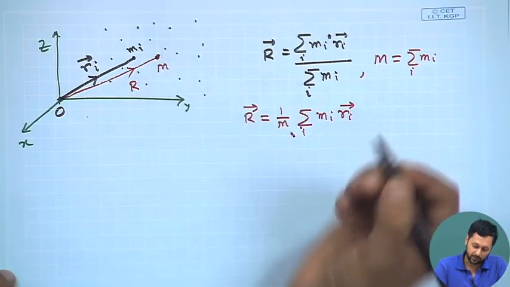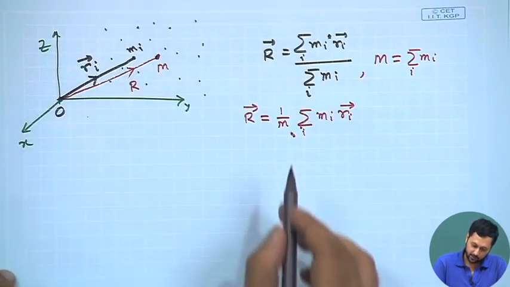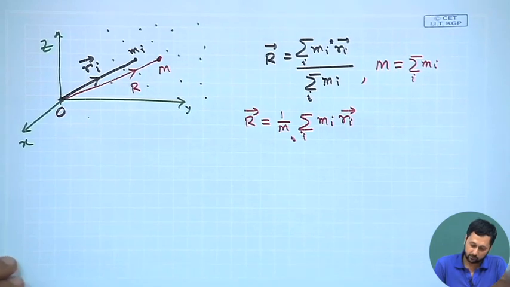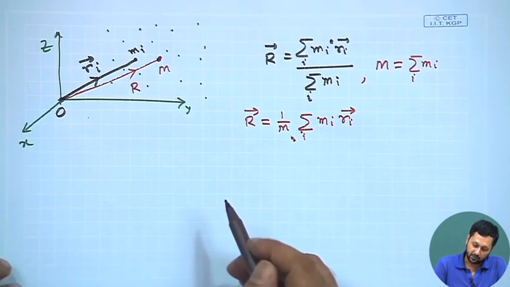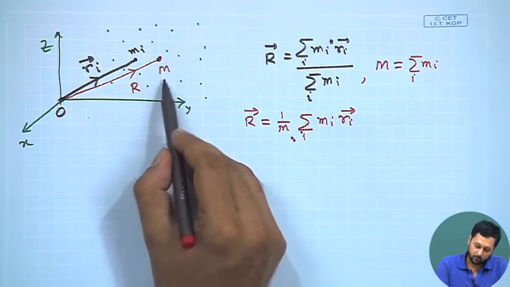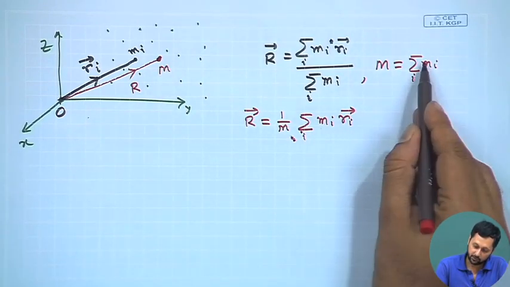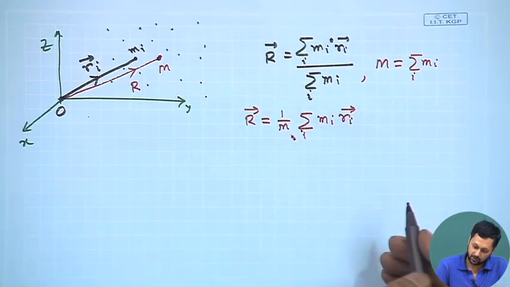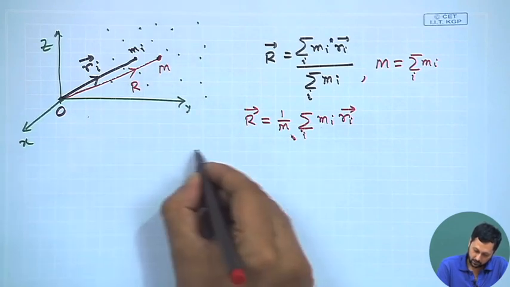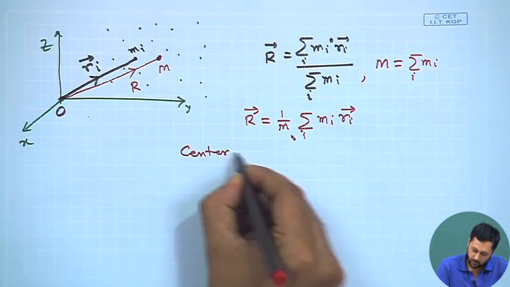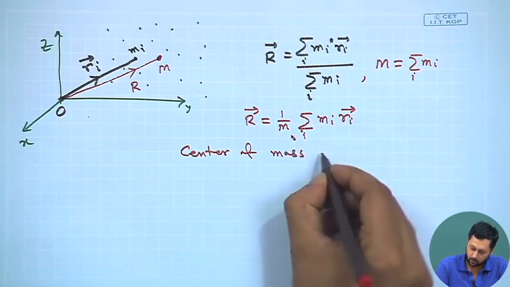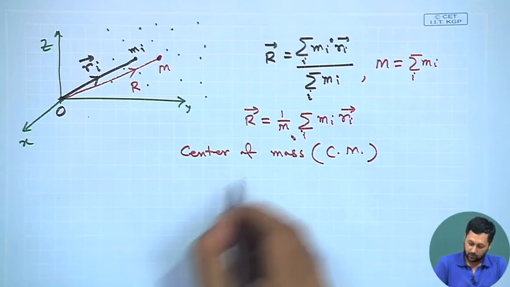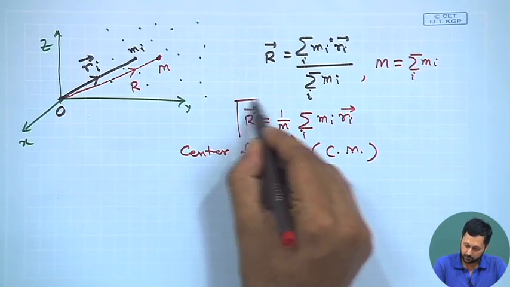To study the dynamical properties, this entire system of particles can be represented by a single point mass of mass capital M, which is the total mass of the system, and position vector R, given by this particular definition. This point is called the center of mass, or simply CM. So, CM is defined by this particular relation.